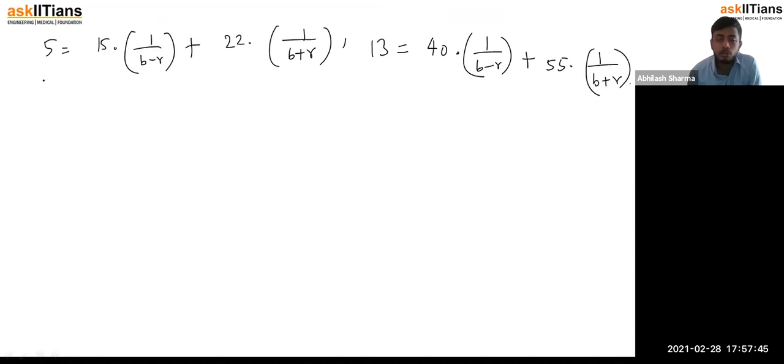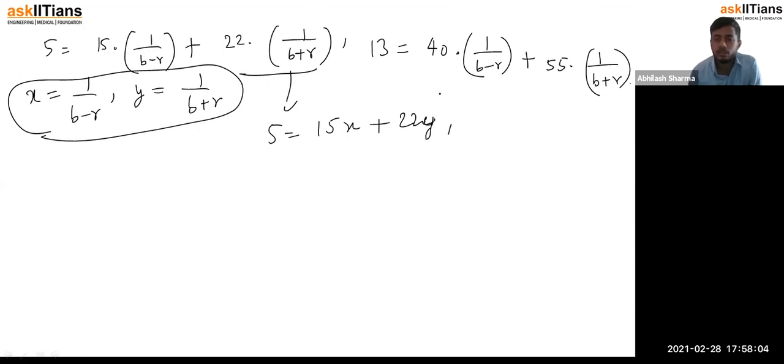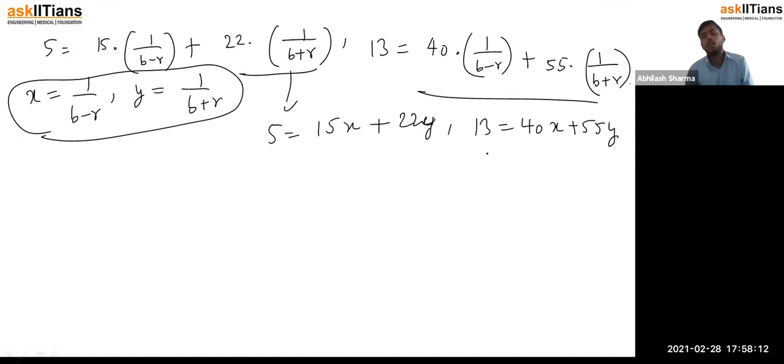To reduce it into a pair of linear equations, we can substitute x is equal to 1 upon b minus r, y is equal to 1 upon b plus r. So doing that, what are we getting? We are getting 5 is equal to 15x plus 22y, and this equation becomes 13 is equal to 40x plus 55y. That's what we are getting.